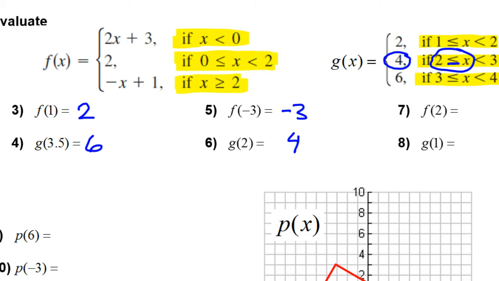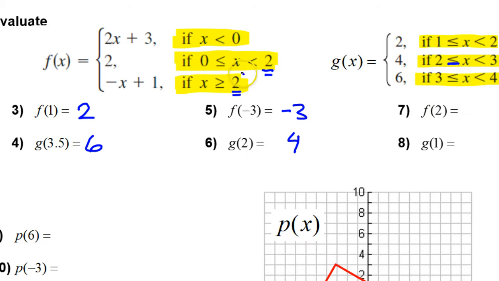Okay, now number 7. Back to function f, so we're back over here again. The value is 2. Again, 2 appears in both of these statements. So which one am I going to use, the middle one or the bottom one?